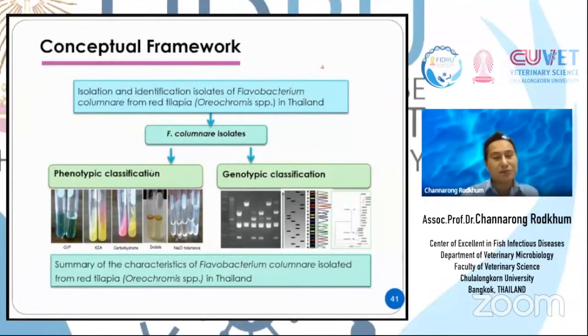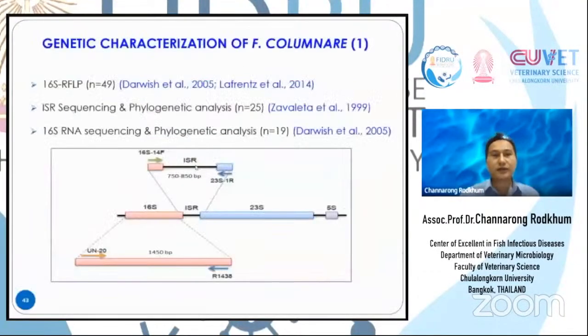You cannot jump to that step without phenotypic classification or the basic technique. So we should start with the basic technique of phenotypic classification first. We combine both techniques, phenotype and genotype, to identify Flavobacterium columnare.